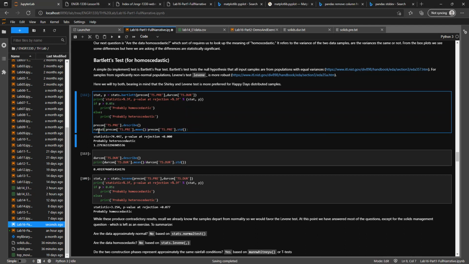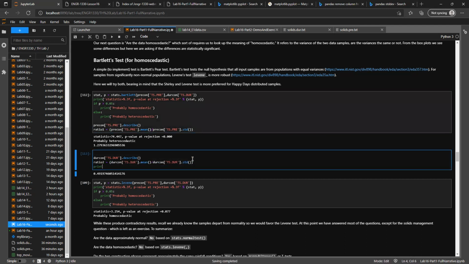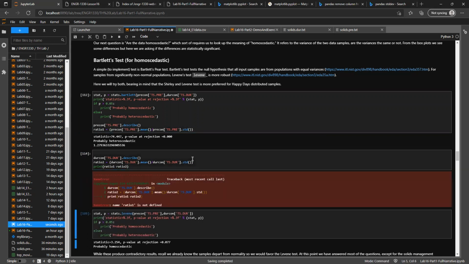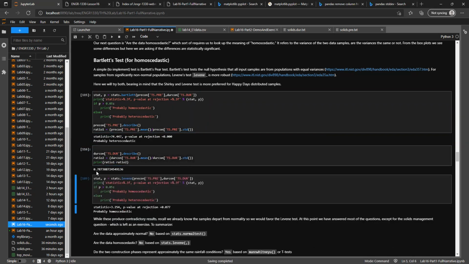Ratio 1. Ratio 2. Print. Oops, I didn't write it. Yeah, the difference between the two is larger than one of them.